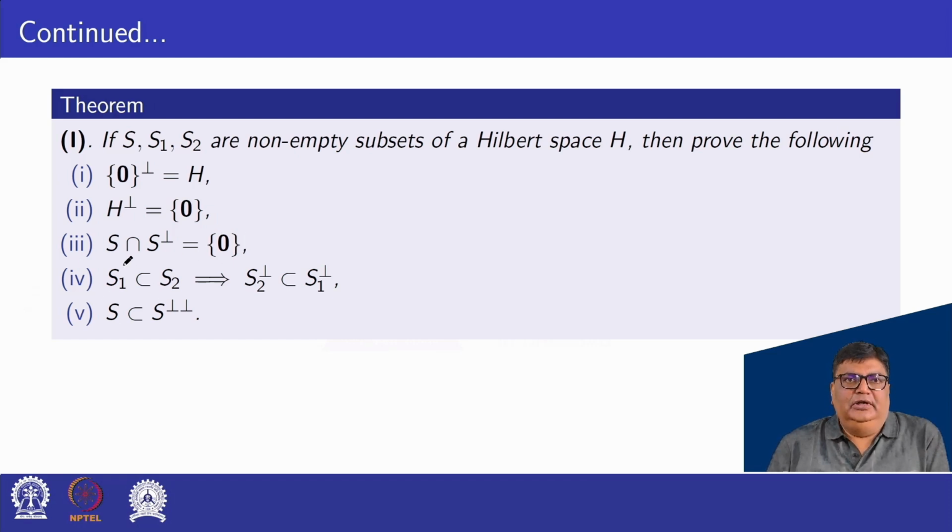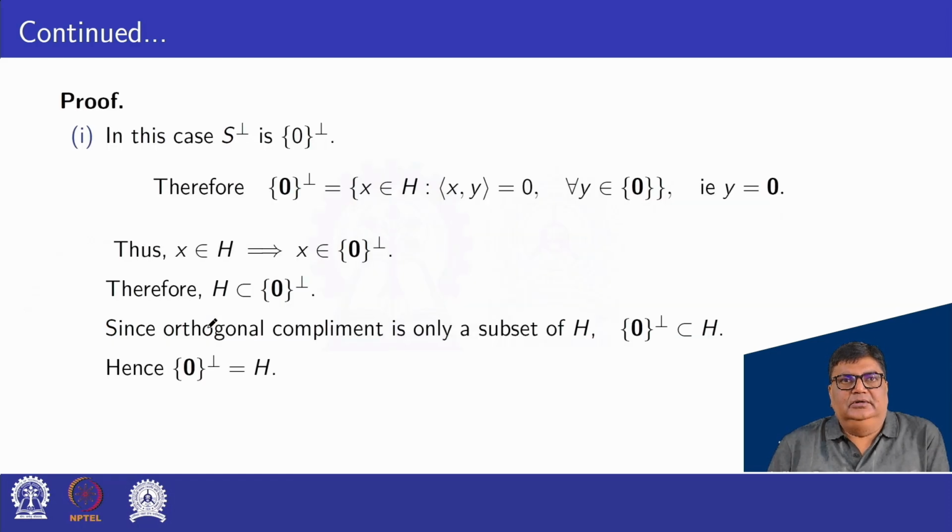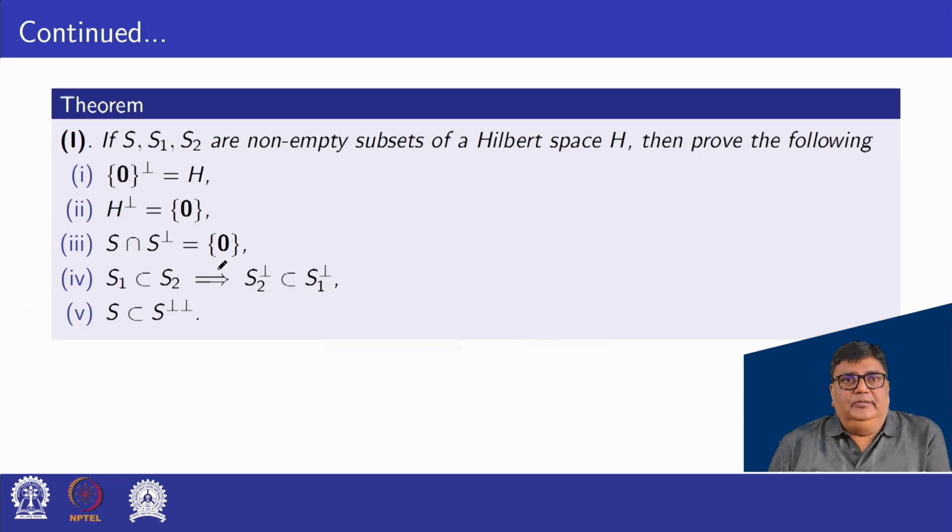Fourth, if S1 is a subset of S2, this implies that S2 perpendicular is a subset of S1 perpendicular. And fifth, S is a subset of S double perpendicular. Let us prove it. First we prove the perpendicular of the singleton set 0 is equal to H.